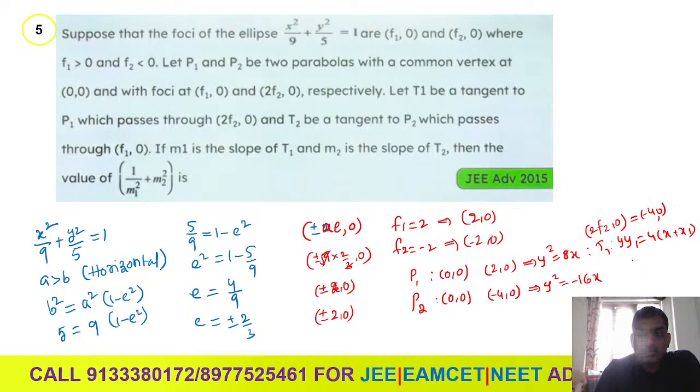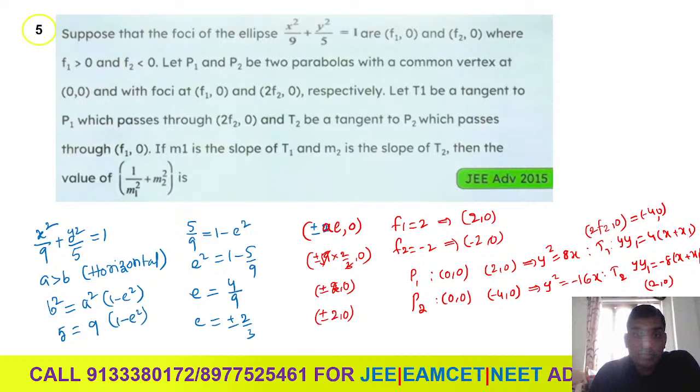And next, T2 is y y1 equals minus 8 of x plus x1. At what point is it? F1 comma 0, which means 2 comma 0. So we got both the tangent lines.